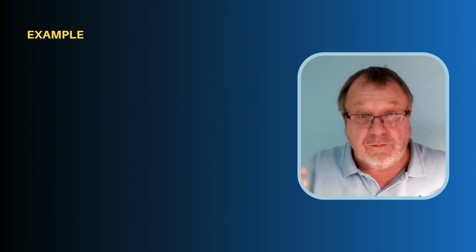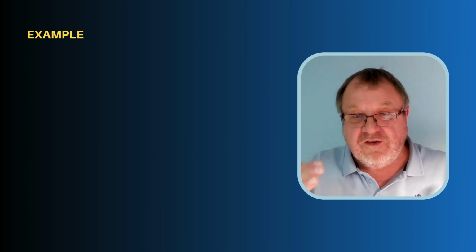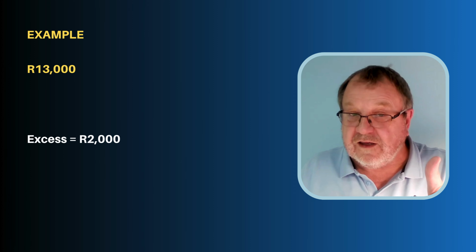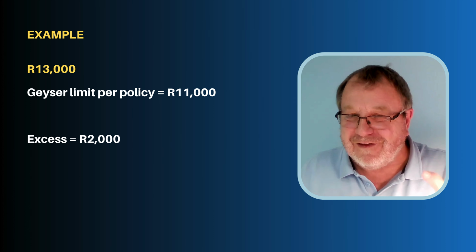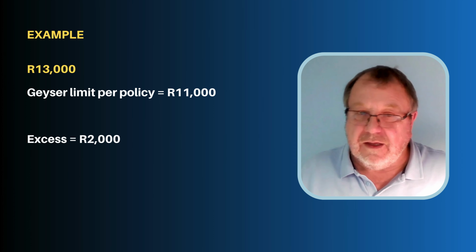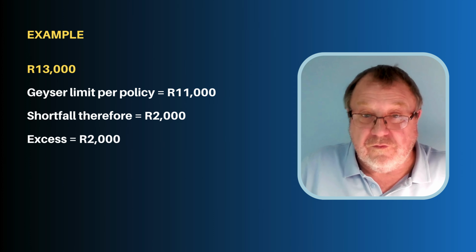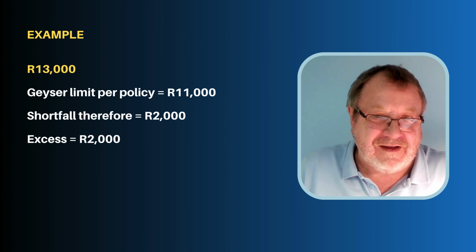So it would follow, in my opinion, that let's just say the geyser cost 13,000 Rand to replace, all costs included, the geyser, the replacement cost, and everything. And there was a 2,000 Rand excess on the geyser and an 11,000 Rand limit. So the owner would be short 2,000 Rand on the limit and would have to pay a 2,000 Rand excess.